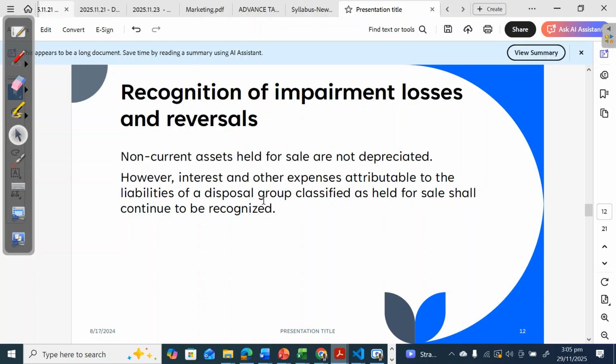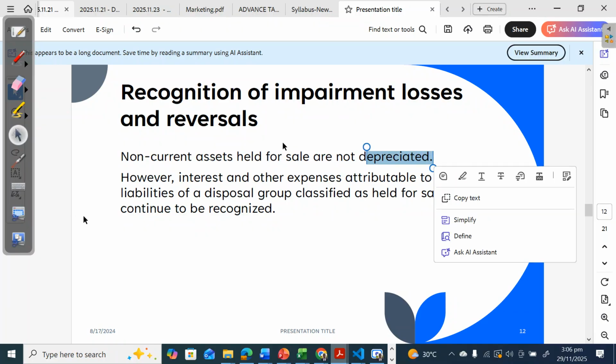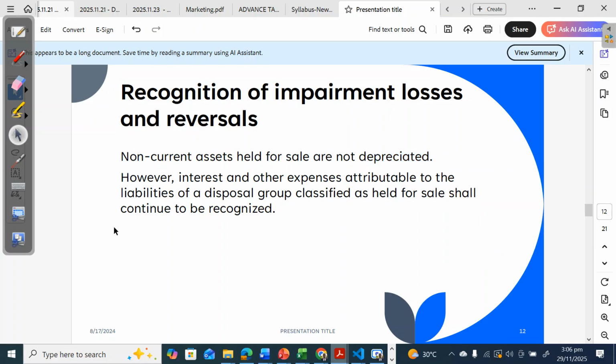So if there are any expenses as you are waiting to sell the assets, maybe you have to get security to watch over the assets, those expenses we still have to recognize. It's only depreciation that we will not recognize. Other expenses we incur as we wait for a buyer, we still have to recognize.